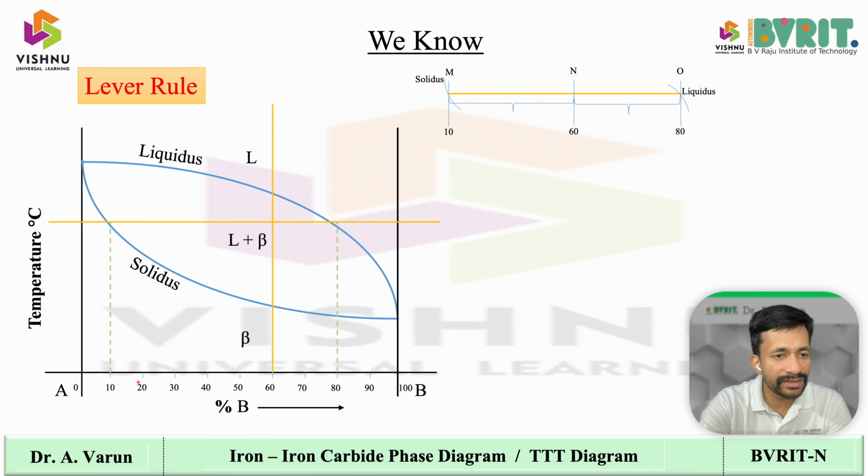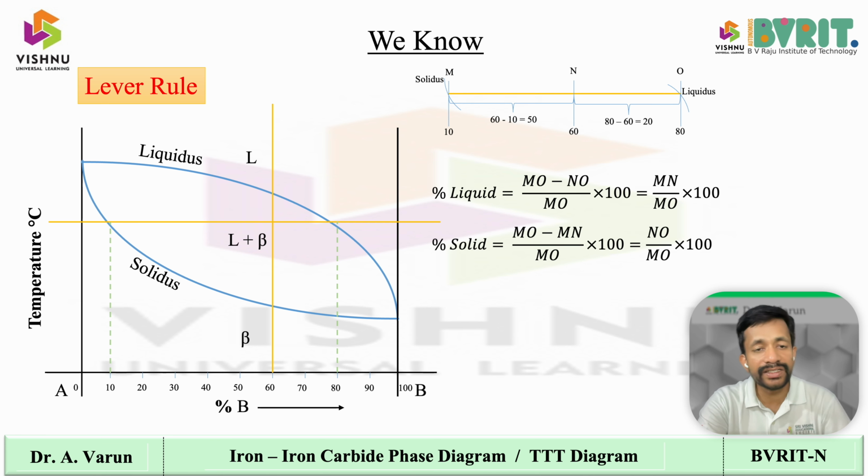You can see here the reading, that the percentage of B is given as 10, and the given composition is at 60, and at liquidus you have 80. So like I said, lengths are inversely proportional. If I want the liquid, I need to take this length, which is 60 minus 10, 50, and then divide by the total length into 100. And if I want the solid, I need to take this length, which is 80 minus 60, which is 20.